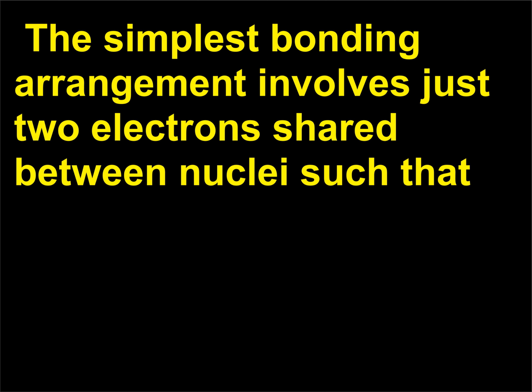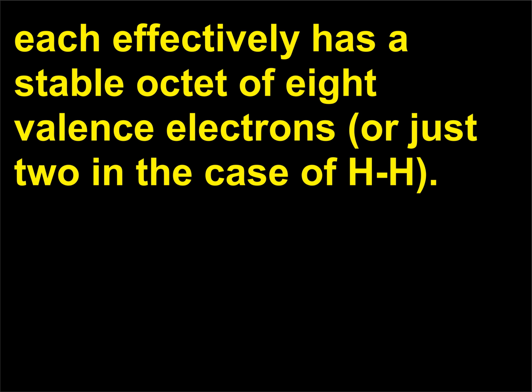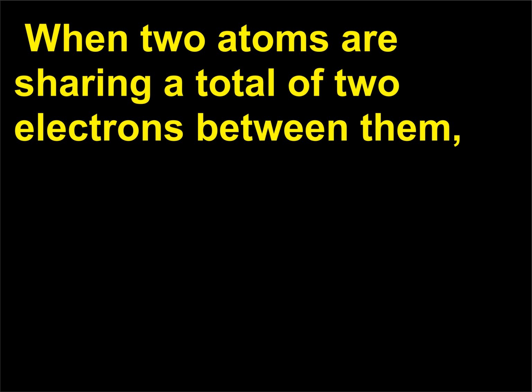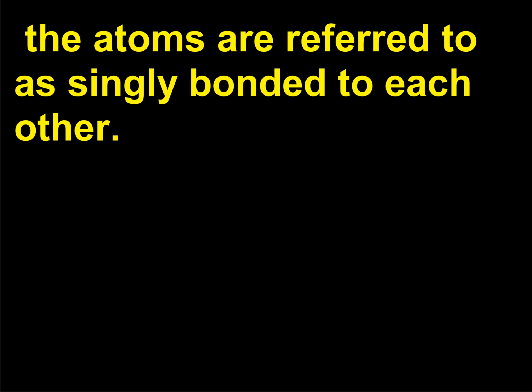The simplest bonding arrangement involves just two electrons shared between nuclei such that each effectively has a stable octet of 8 valence electrons, or just 2 in the case of H2. When two atoms are sharing a total of 2 electrons between them, the atoms are referred to as singly bonded to each other.